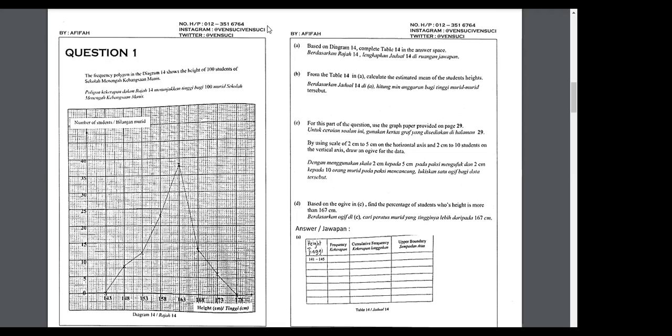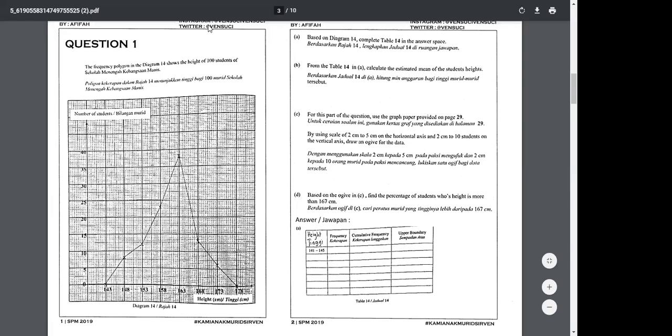So today we are going to learn about statistics. Statistics is usually in paper 2, section B, and there's only one question in paper 2, and usually some questions in paper 1. But today we are going to learn about paper 2, because paper 2 is harder.